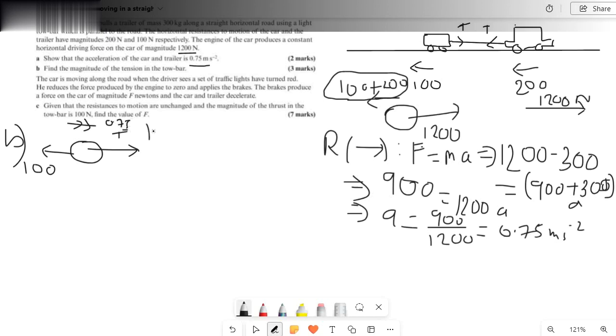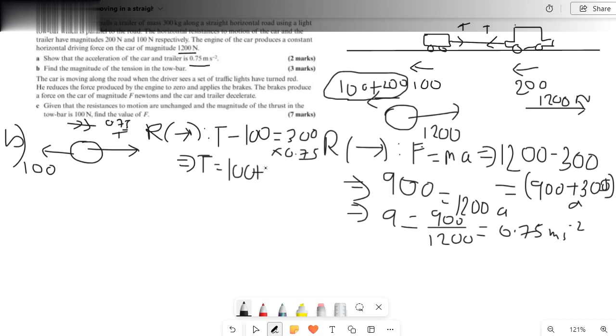Resolving to the right, tension minus 100 equals mass, which is 300, multiplied with acceleration, which is 0.75. So tension equals 100 plus 300 multiplied with 0.75, which equals 325 newtons.